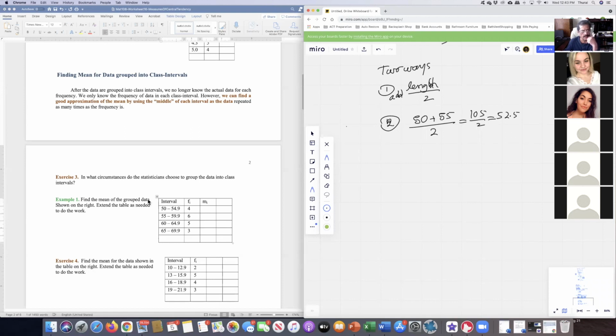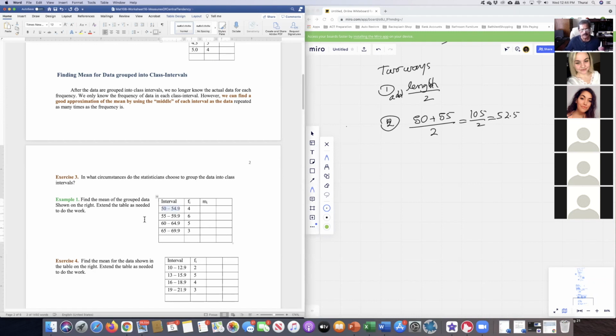That's all it means. Very often students make the mistake of averaging the actual numbers here, which is wrong. 50 and 55 should be averaged. Okay, so either way, the midpoint here is 52.5. So I write that there, 52.5.